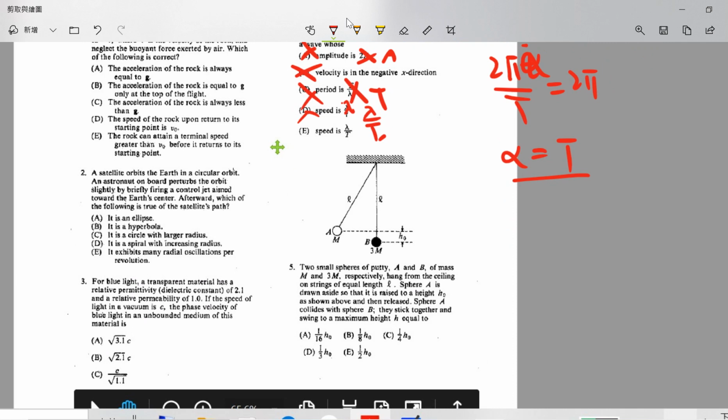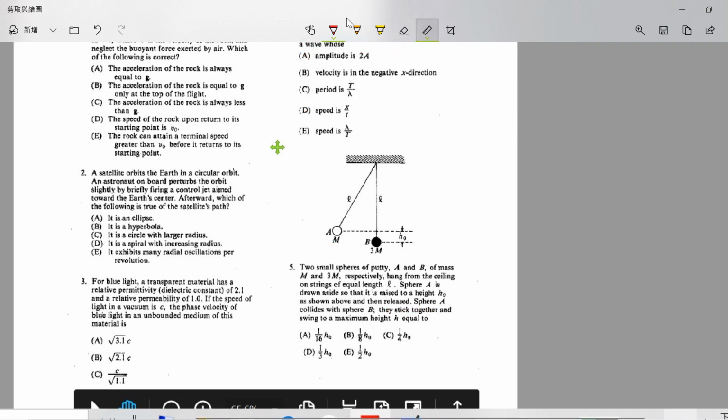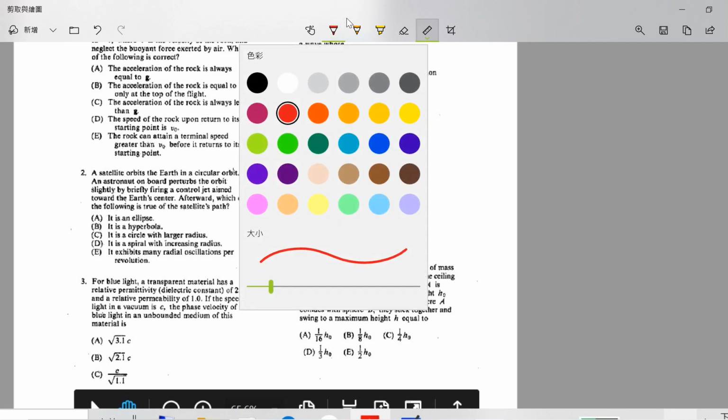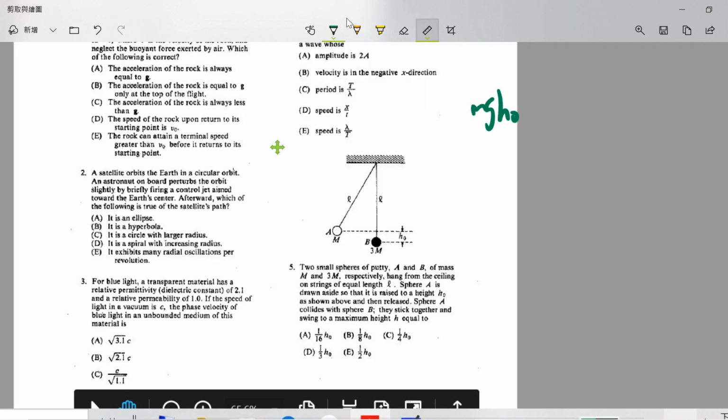Two small spheres A and B, of mass m and 3m respectively, are raised to height h0 as shown, and then released. Sphere A collides with sphere B and they stick together, which means momentum is conserved. First, mgh0 gives the velocity when A hits B: this is v naught, this is B, this is m, this is 3m.